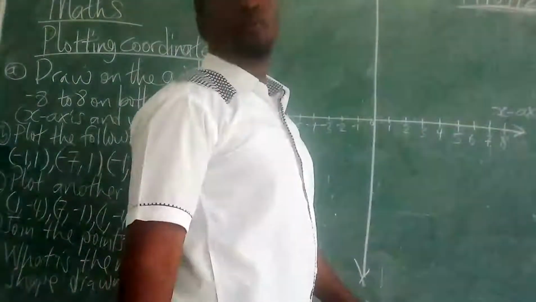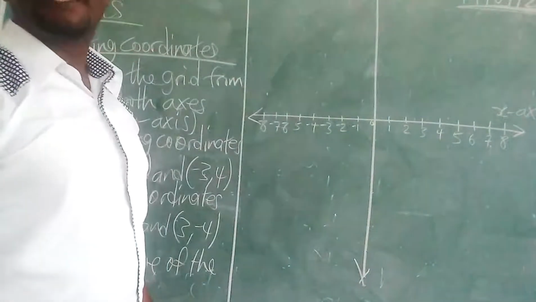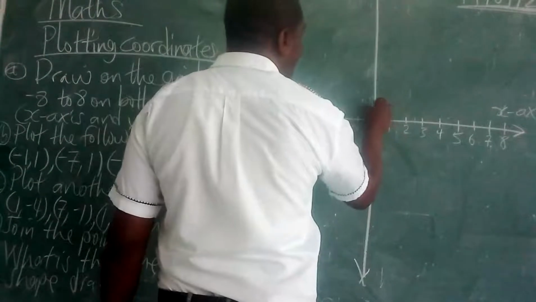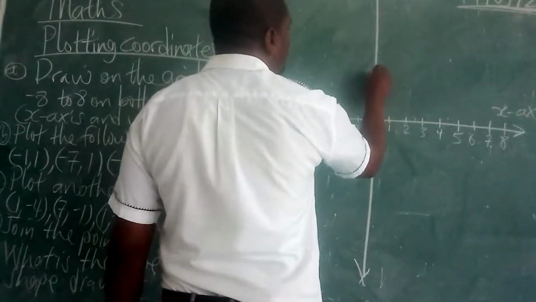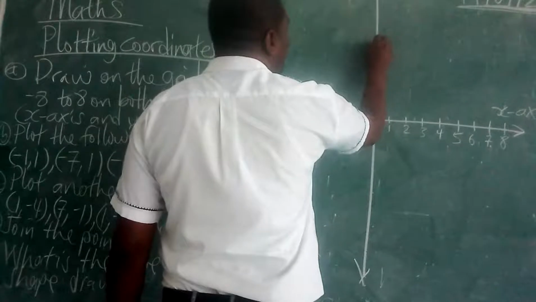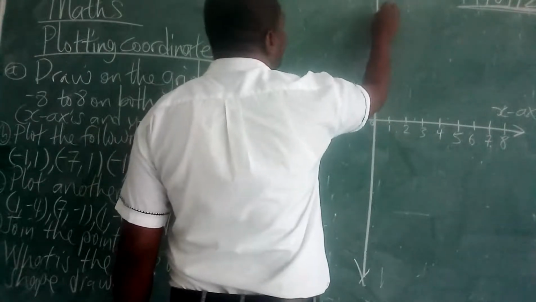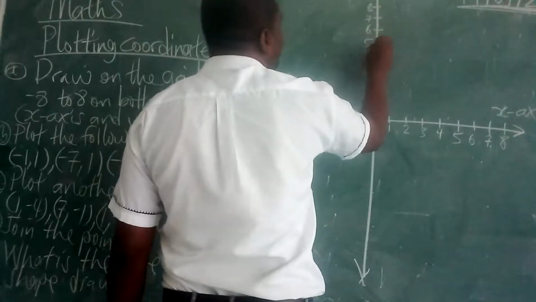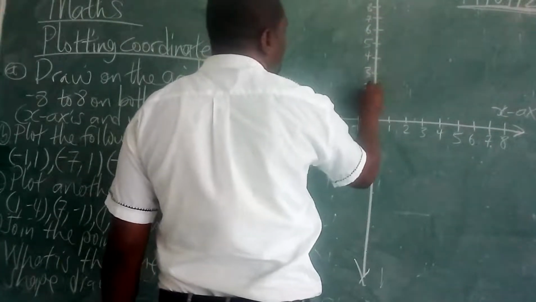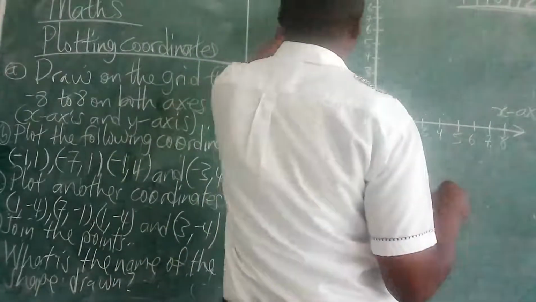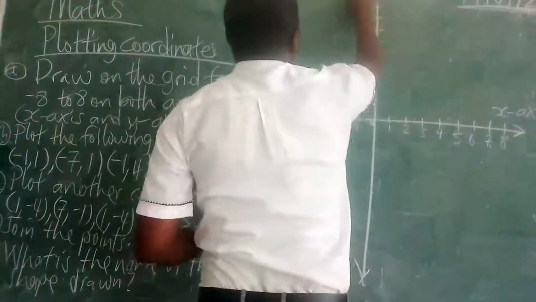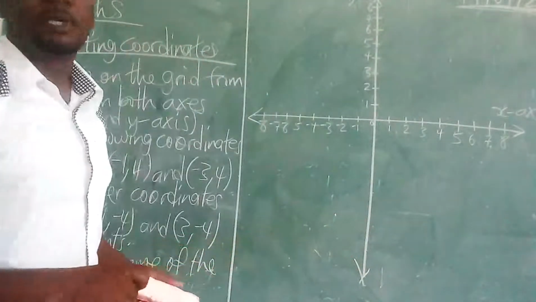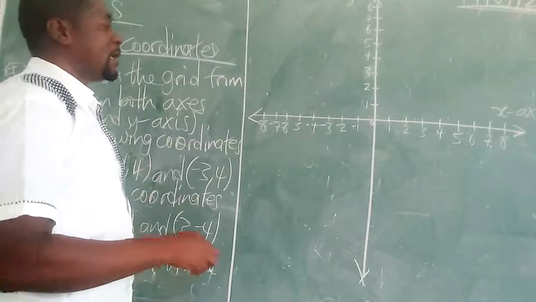On the y-axis, we have the positive side: 1, 2, 3, 4, 5, 6, 7, 8. Now we come to the negative side of the y-axis.